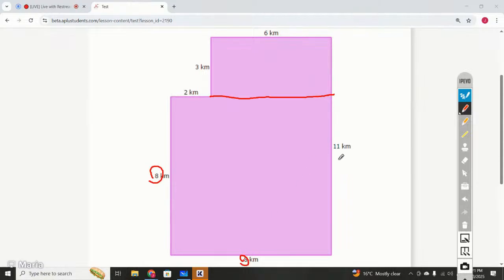Square has all four sides equal in length. This 11 is the length from here to here, right? From here to here you can match these sides, that is 8 kilometers. So 8 times 8 makes 64, right? Now look at the second one.